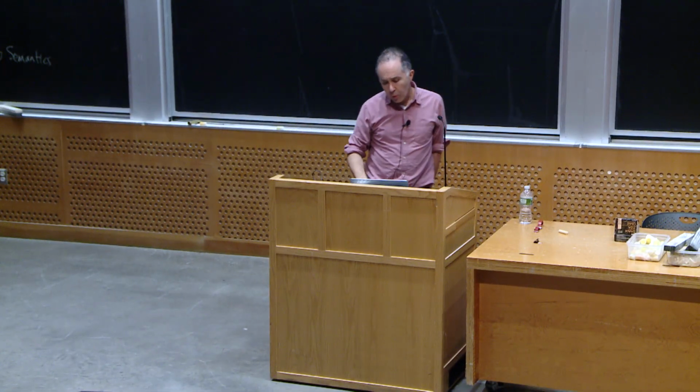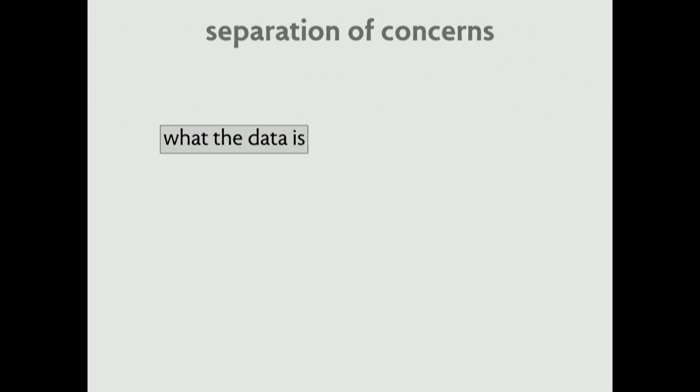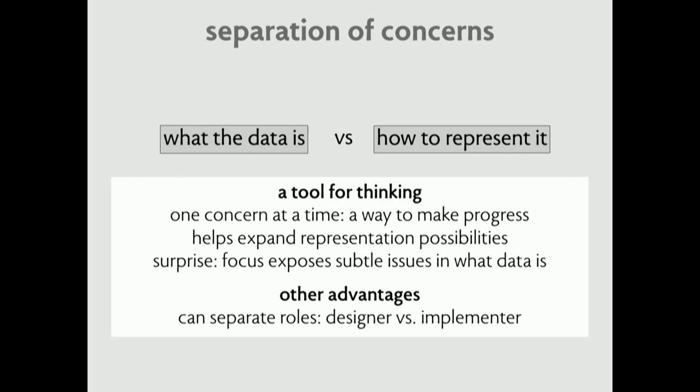So what's really going on is that we're trying to separate what the data is from how to represent it. And what data models give us is a tool for thinking about this, for thinking one concern at a time, separating the concern of what the data is from how to represent it. And here's the paradox of it.